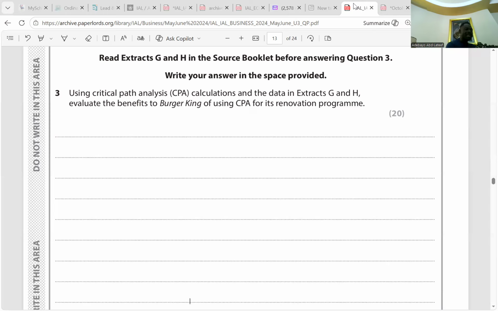Knowing this allows Burger King to reduce the risk and cost of the redevelopment by encouraging careful assessment of the requirements for each activity. However, the CPA may not be effective for all restaurants as they may have different building requirements and different size.